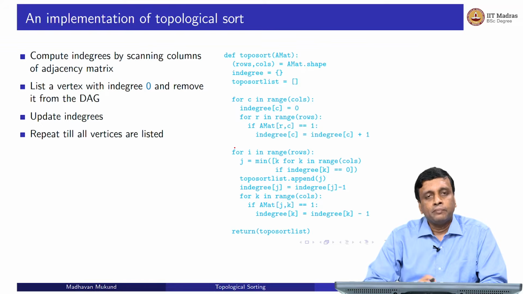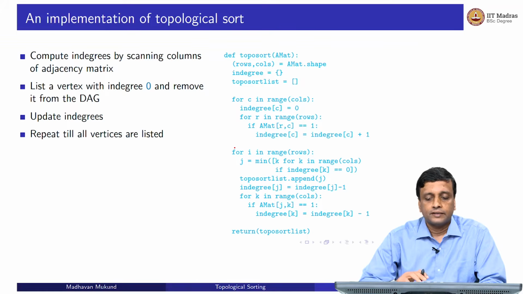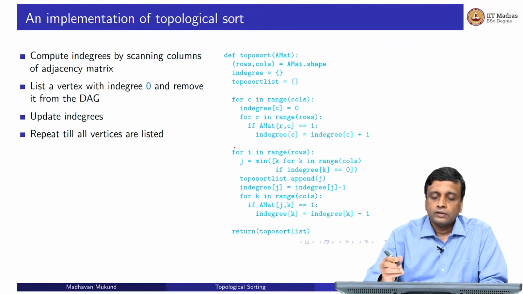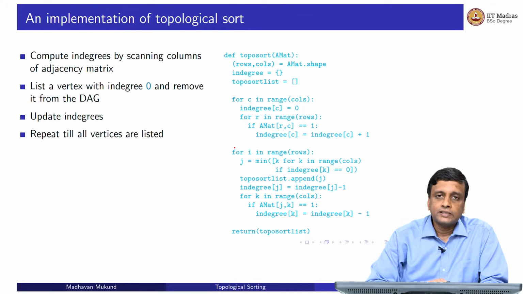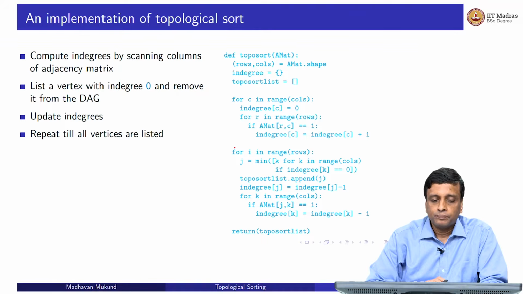So let's look at an implementation of this, right? So we have to compute the in-degrees, then we have to find a vertex with in-degree 0, remove it and update the in-degrees and keep repeating this until all the vertices are listed, right? So this is a topological sort function which takes an adjacency matrix as input, right?